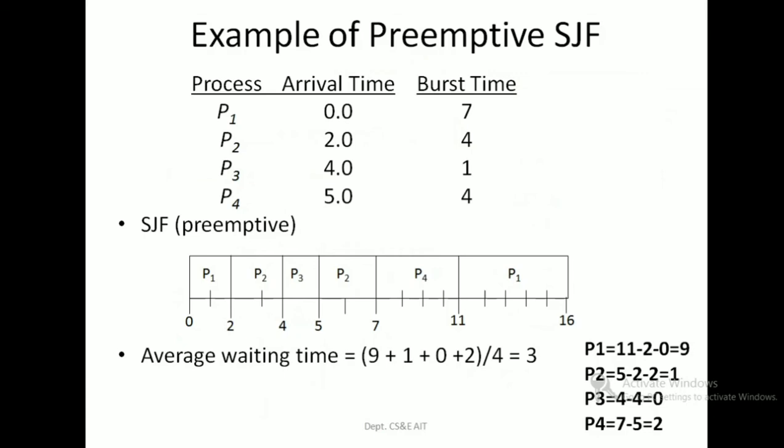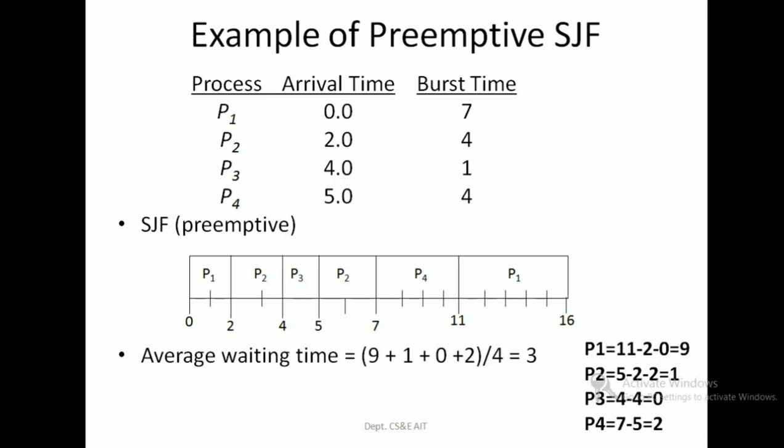I know there is a process P2 that is arriving, and that P2 has a burst time that is smaller. But in a practical case, we cannot predict the burst time of the process that is coming ahead. Is the burst time of the process coming ahead smaller, or is it larger?